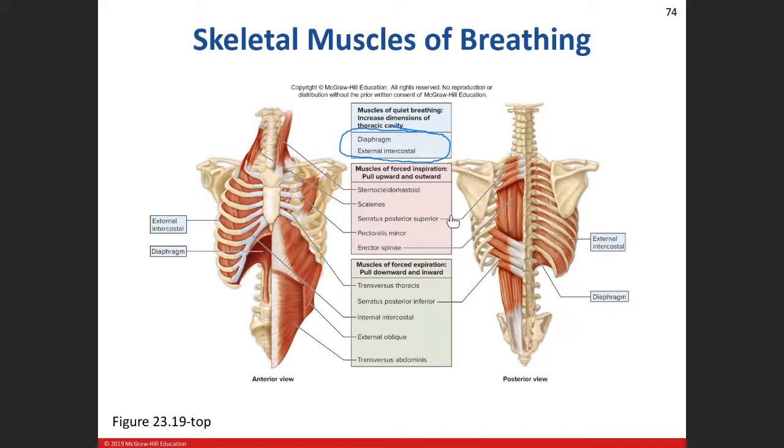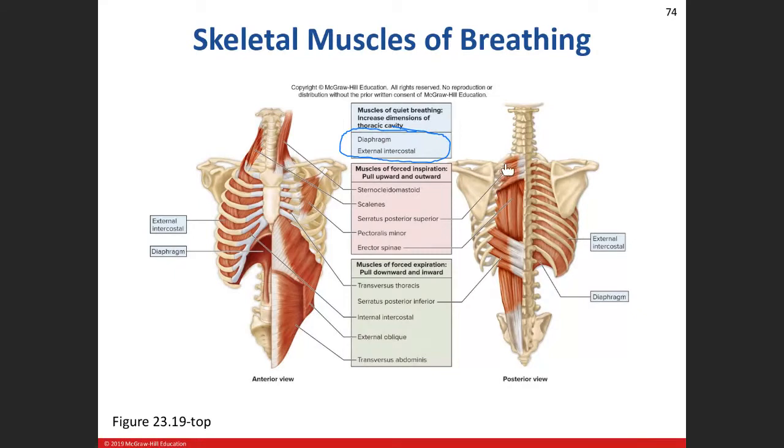When we go over here, we'll stay on the front. We didn't have to learn this muscle here, but pec minor attaches onto ribs 2 through 6. That helps to elevate the upper ribs here. But when we get over to the back side, we didn't have to know this muscle either, but this is the serratus posterior superior.